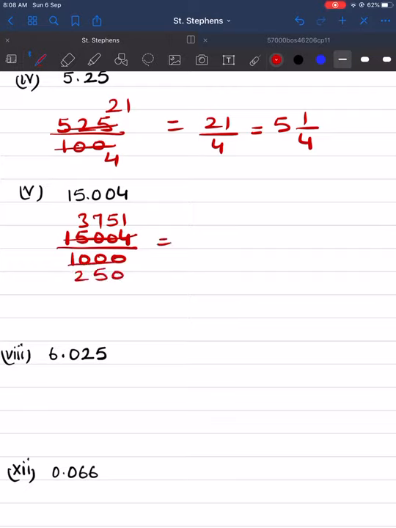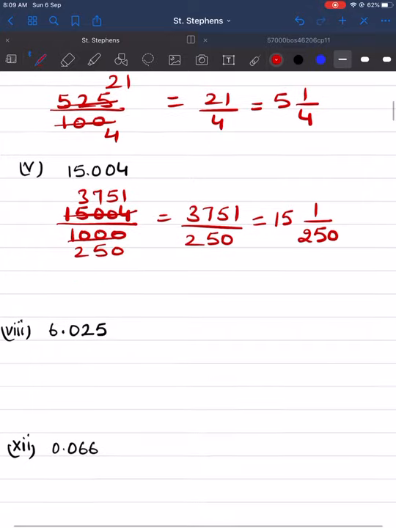So it is 3751 upon 250. And let's express it in mixed fractions as 15 1 on 250. I hope children you remember how to convert into mixed fractions by dividing numerator by the denominator.